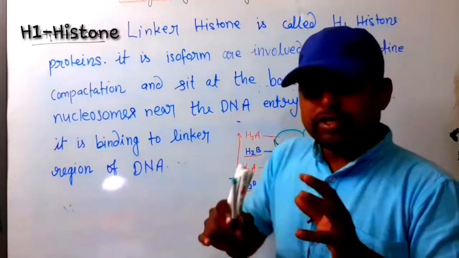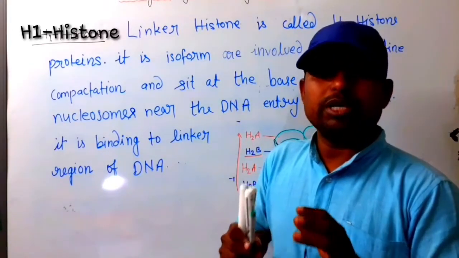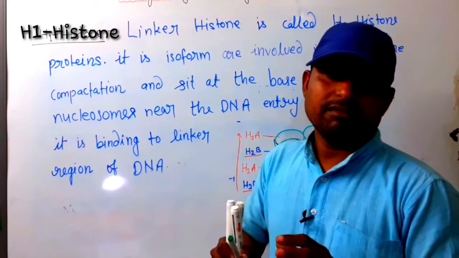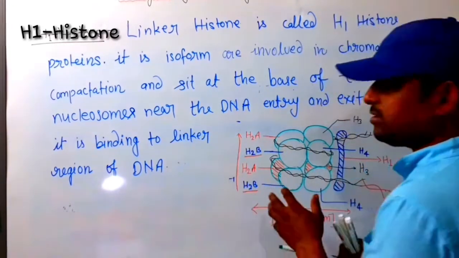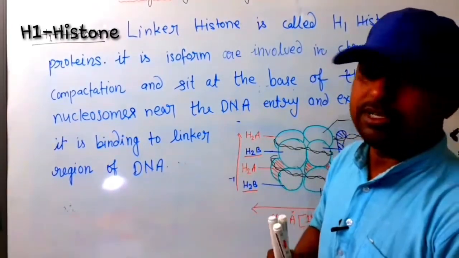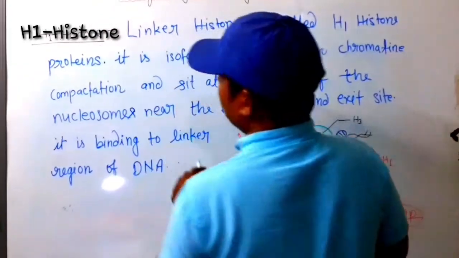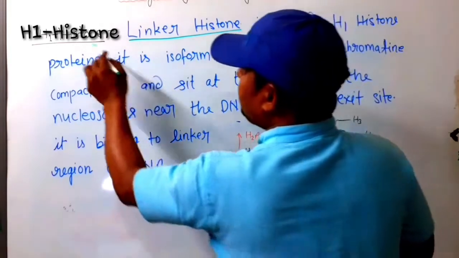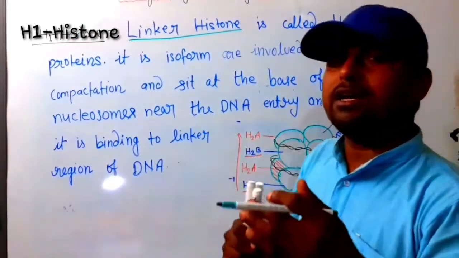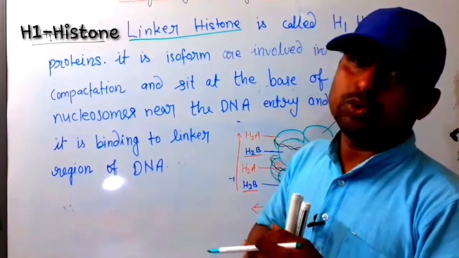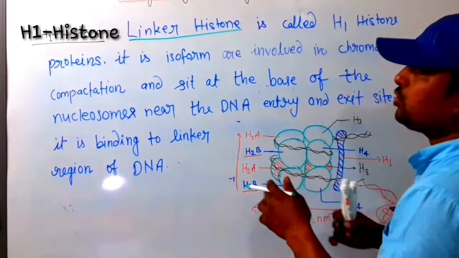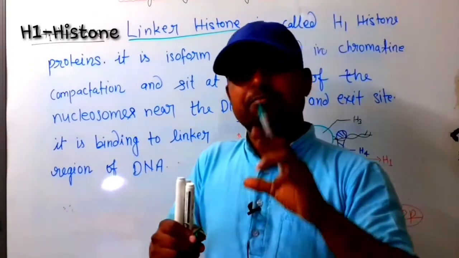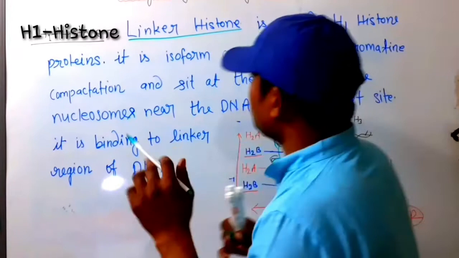Functionally, the H1 histone protein is slightly different from the other proteins. H1 histone protein is called the linker histone. Why is it called a linker histone? Because it binds to linker DNA. It has isoforms, which is a matter of chemistry, isomerism.